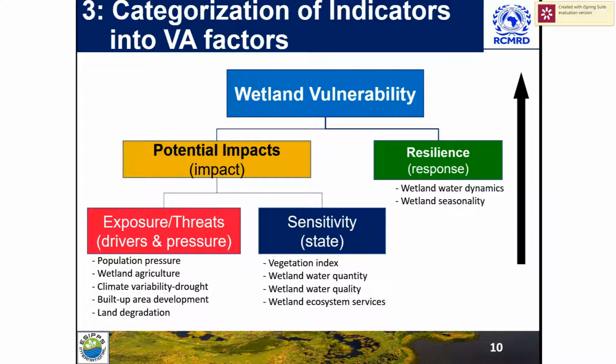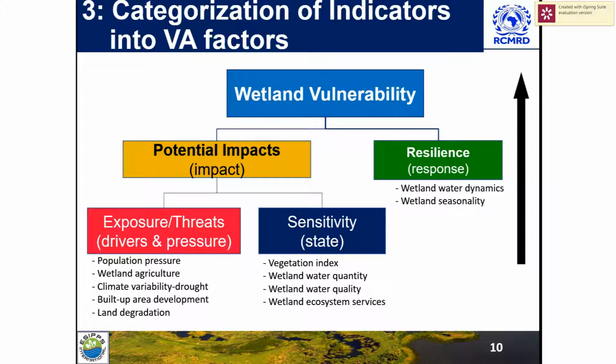Another one is the water quantity state of that wetland, the quality state of the water of that wetland, and the ecosystem services. So if a wetland has, let's say, more of the wetland itself, more water, then it will have a higher ecosystem service value than a wetland that has a lot of built up and agriculture or cultivated areas within it.